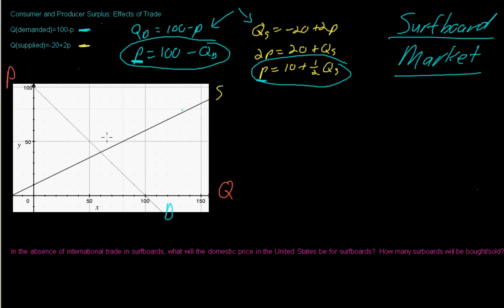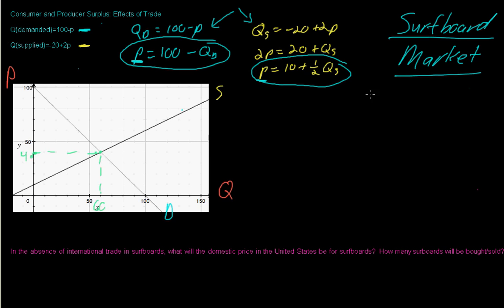So what price are an equal number of consumers and producers willing to pay and accept for surfboards? And that, in graphic terms, is just where these intersect. So that's 60 surfboards at a price of $40 a board.